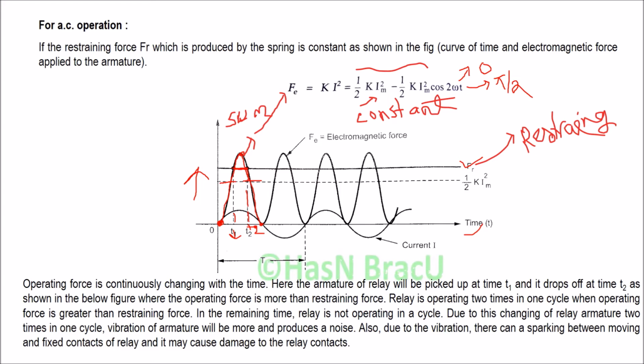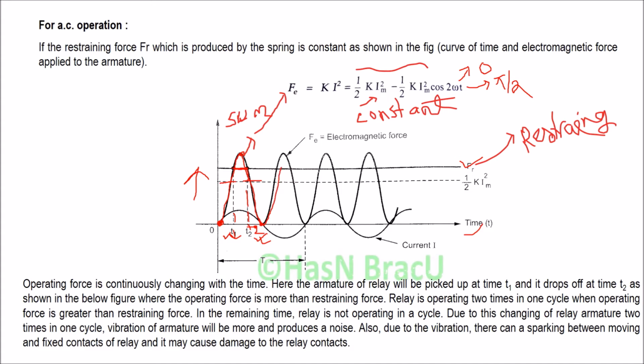So we can say the armature of relay will be picked up at time t1 and it drops off at time t2, where the operating force is more than the restraining force. After this point, the operating force becomes smaller than the restraining force. We can see from the graph.